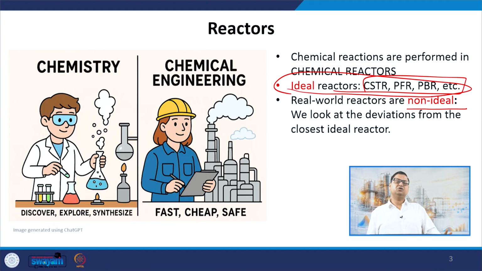And we try to use our analysis to first develop ideal reactors, and then we talk about how it can explain non-ideal behavior and how we can extend the same models to basically explain non-ideal reactors. For example, tank in series reactor is used to represent the behavior in between a CSTR and a PFR.